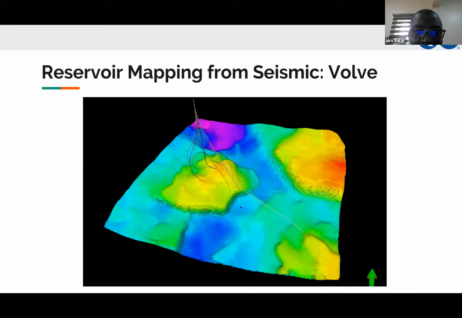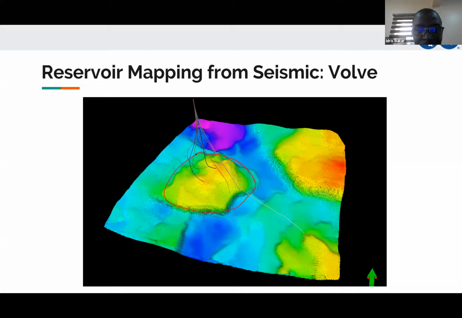They mapped it all the way throughout the seismic data set, but really this is where the accumulation is. So they're mapping the top of a particular horizon, or a top of a unit, a geological unit.